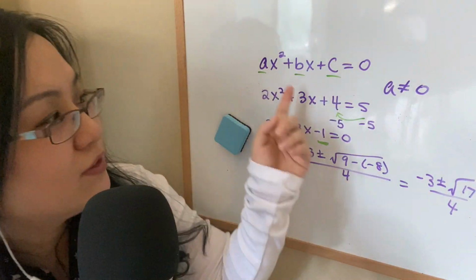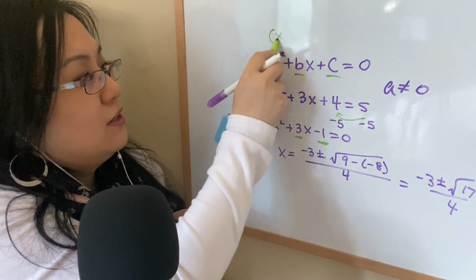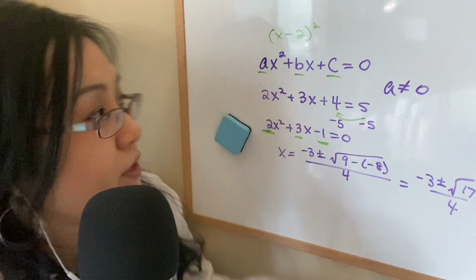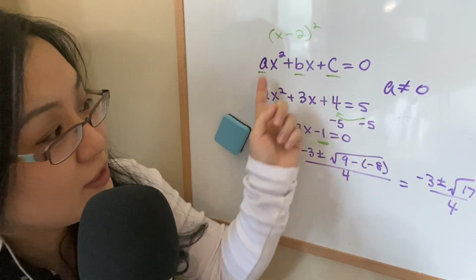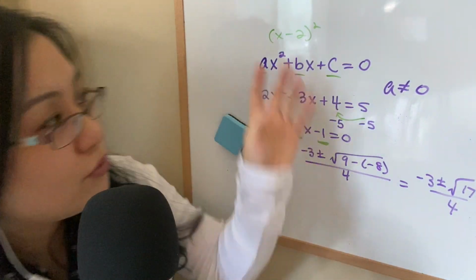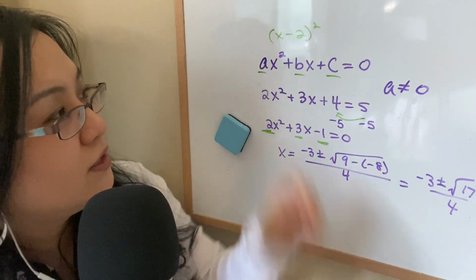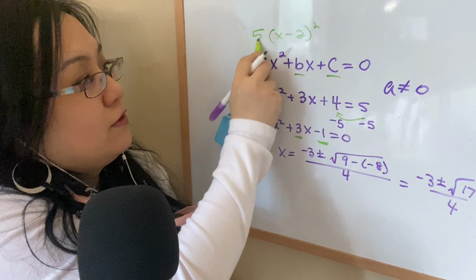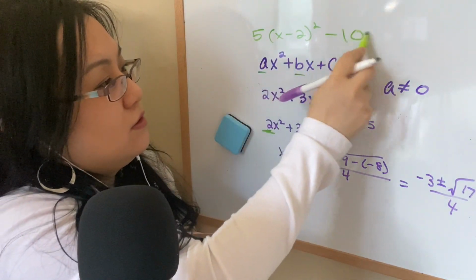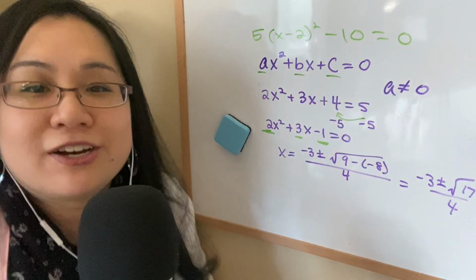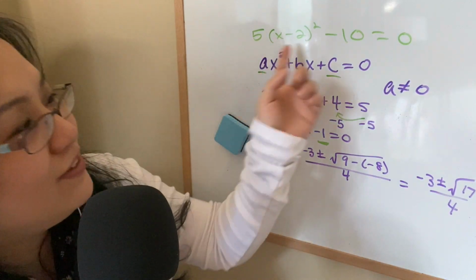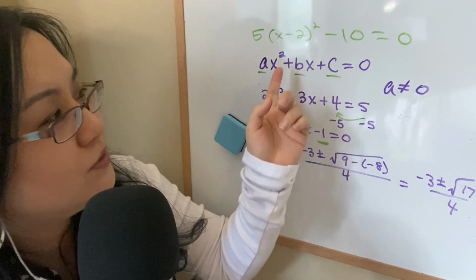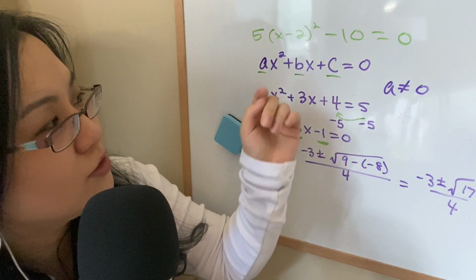If you have something like, I don't know, where it's already factored for you, you can always just multiply it out and get it into this form. Otherwise, you might want to mess around with it in the big picture. Trying to cover all the bases here, if you have something like this, you can always expand this out using FOIL or memorizing the perfect square situation.